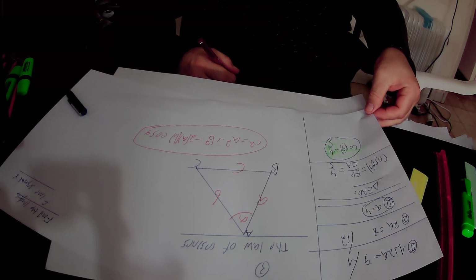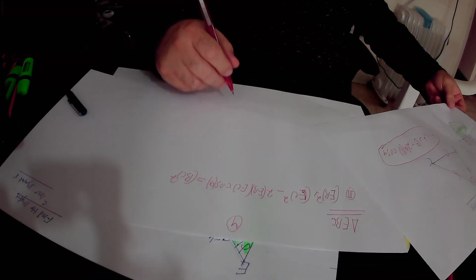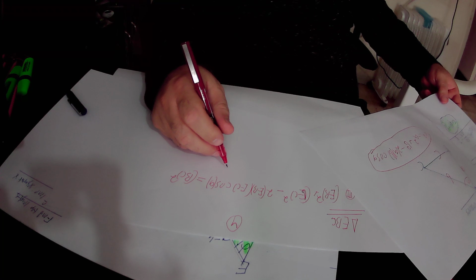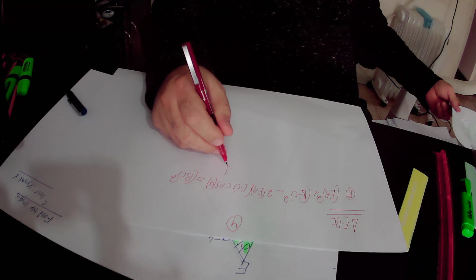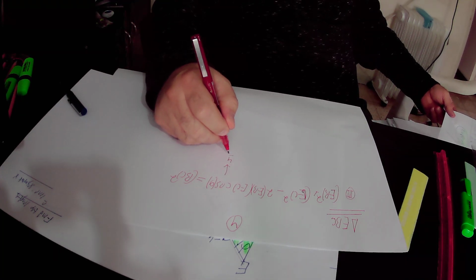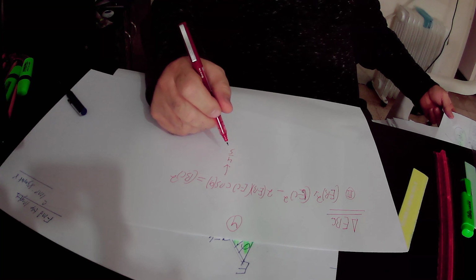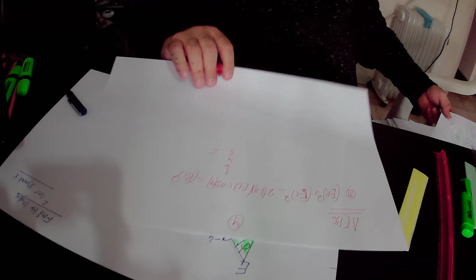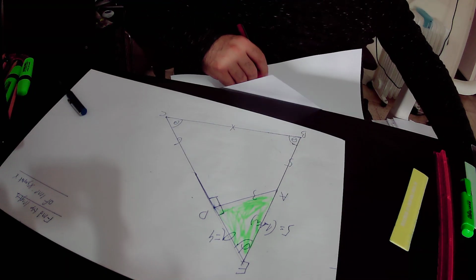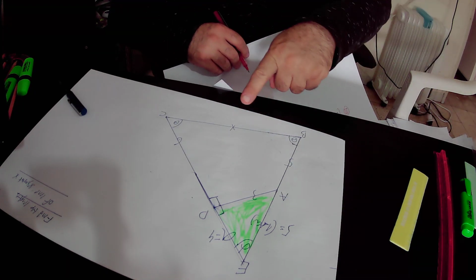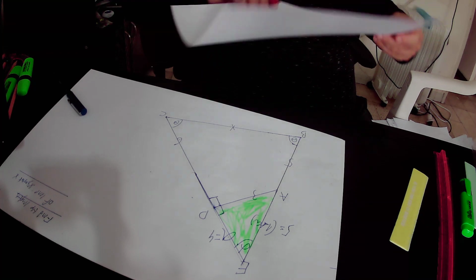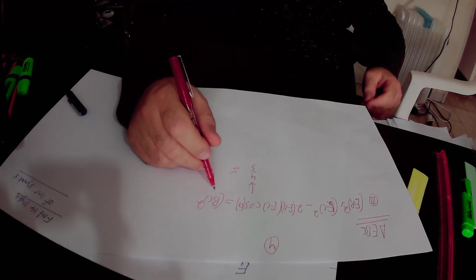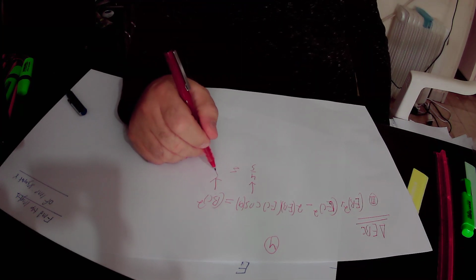So we substitute cosine alpha by 4 over 5 here. Here BC equals x, so we substitute BC by x. If BC equals x, it means that BC squared equals x squared.